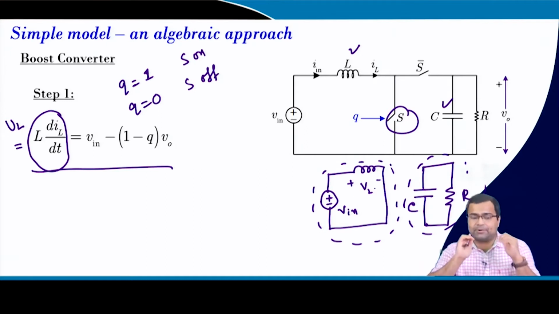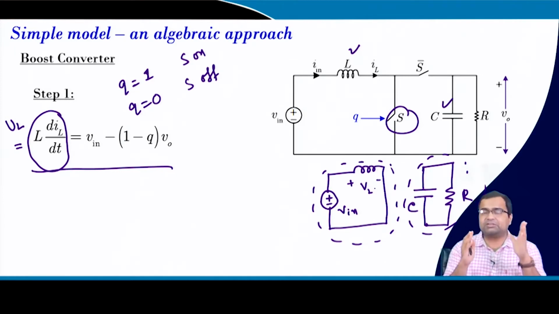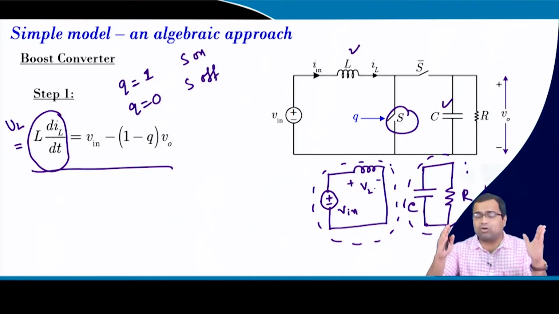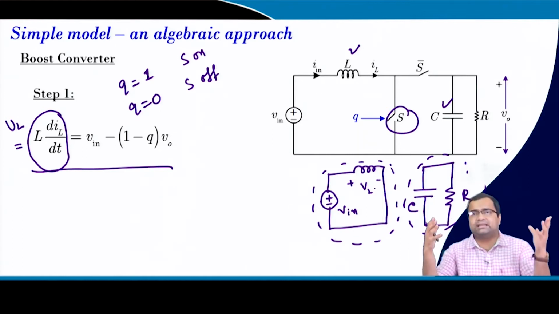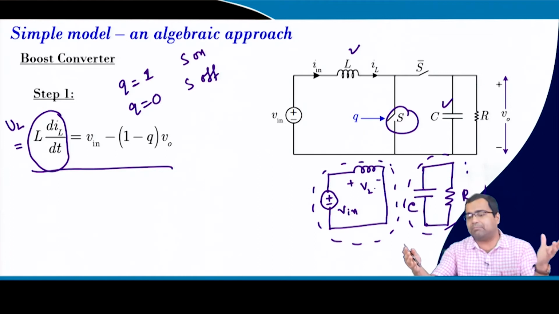If you do not have control over current, if you do simple voltage mode control and try to push the bandwidth high, it may happen that during a transient you can have a large on time, and that large on time can really increase the inductor current and it will never come back.